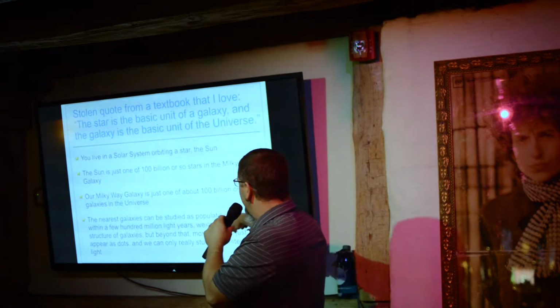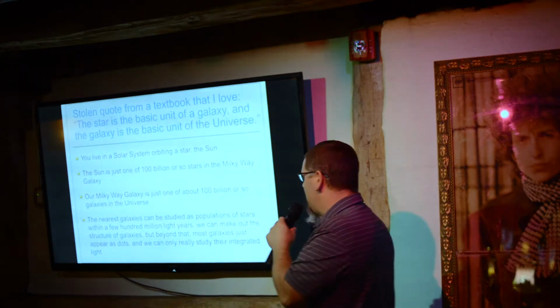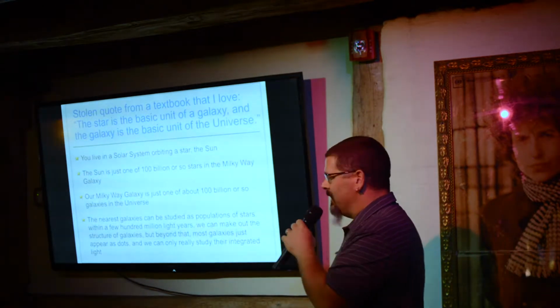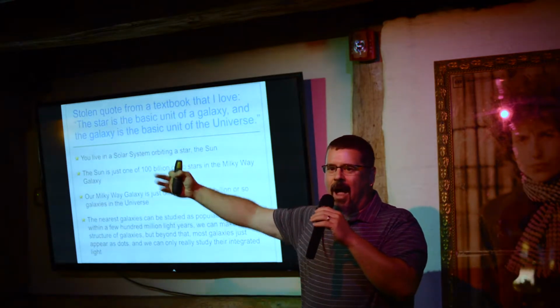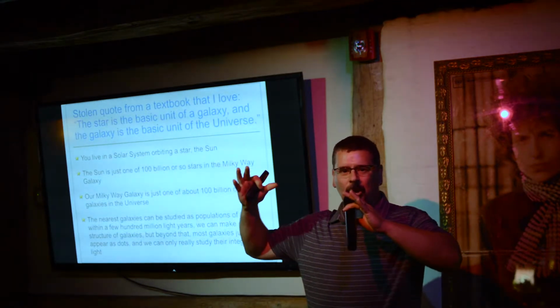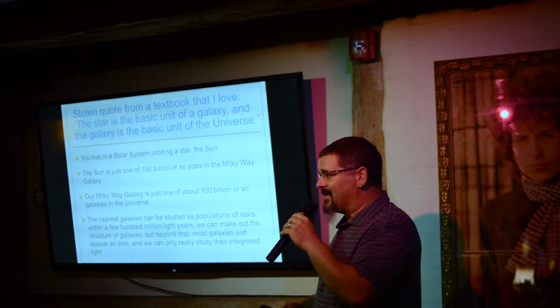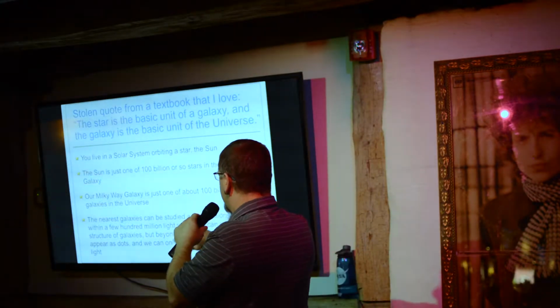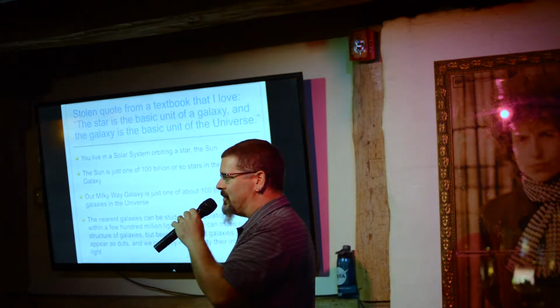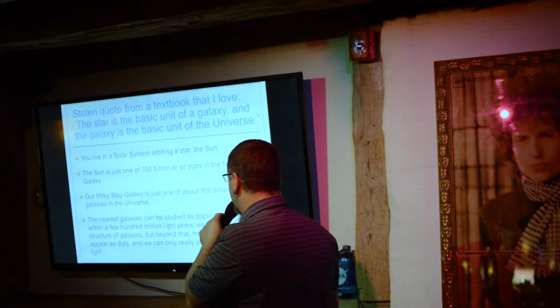So the nearest galaxies we study by studying what we call their stellar populations. Then if you say, okay, well, let's go a little bit further out. So inside what we call the local universe, there's lots and lots of galaxies. That's where we can sort of make out these pretty pictures of the galaxies, and we can see what their structure looks like.